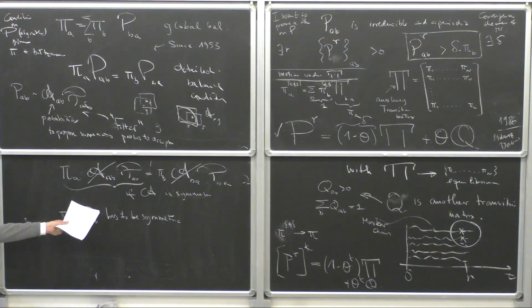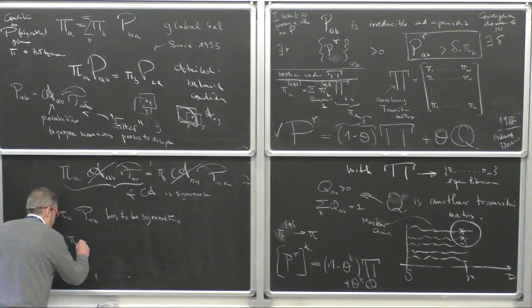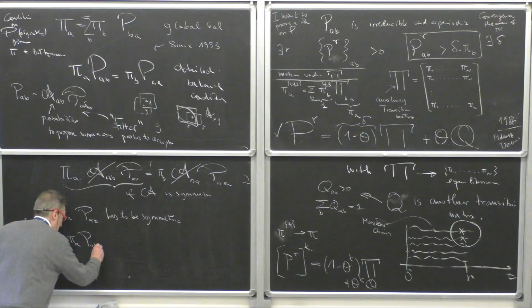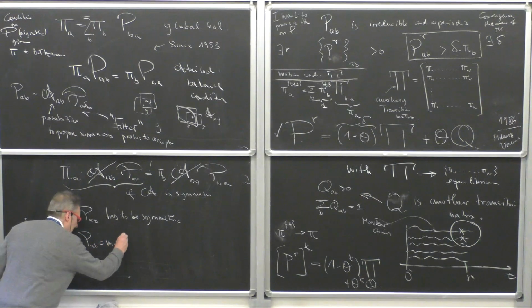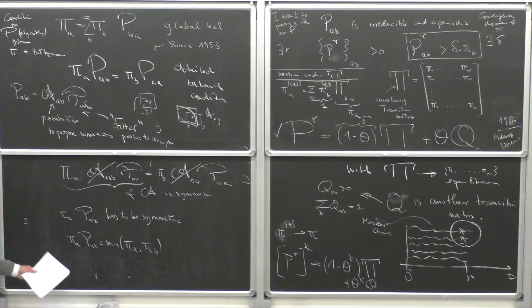If A is symmetric, then this also has to be symmetric. And if we want to satisfy the detailed balance condition, what we can do is pi A PAB is equal to the minimum of pi A and pi B. You agree with me that this equation is one choice.